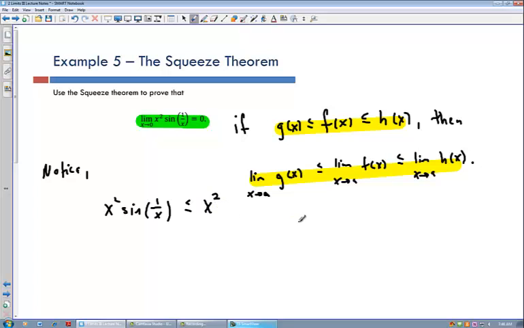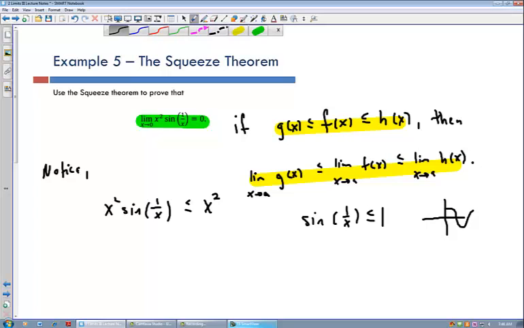Why? Because the sine of 1 over x is always less than or equal to 1. Because that's how the sine works. It goes between the values of positive 1 and negative 1. Oops, that's the cosine. So let's take that off there. So it's always less than or equal to 1, and it looks like this.